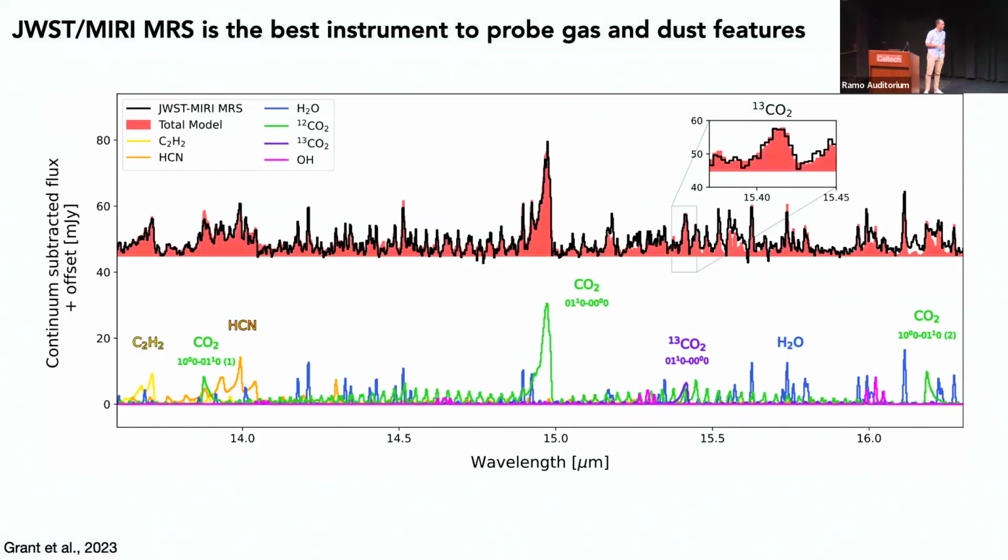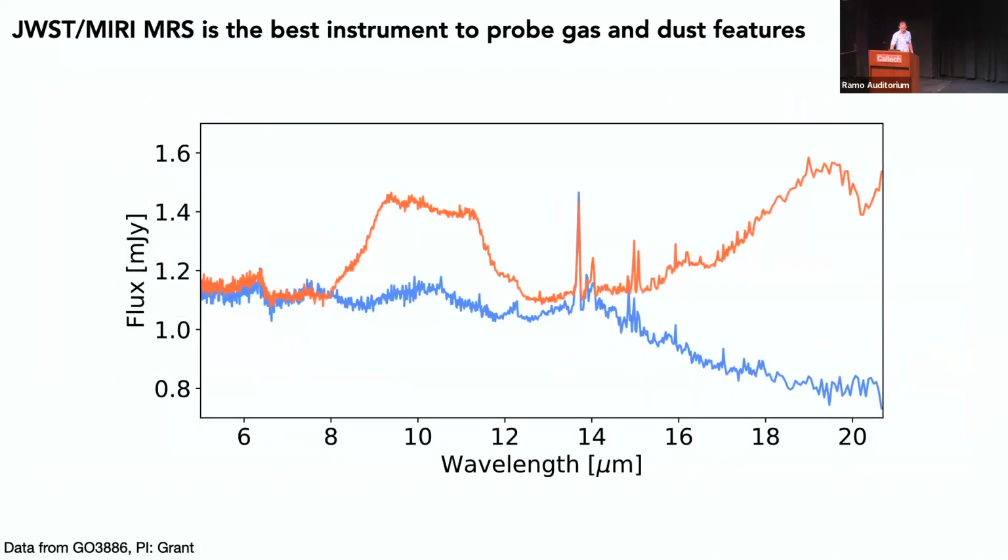This is a plot that shows what JWST can do in terms of gas analysis. Once you remove the continuum from any point source, you are left with a bunch of features, in particular what look like emission lines. These are all emission lines coming from gas in the disk. We can also look at the dust in the mid-infrared, and we do it mostly through silicate features.